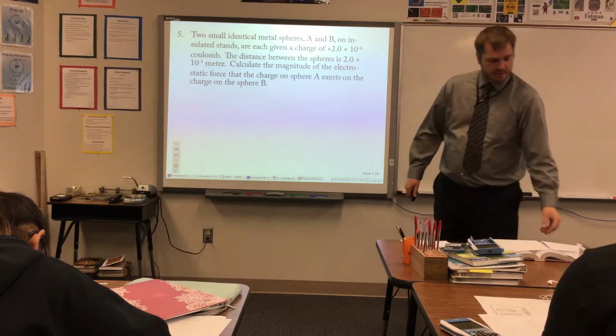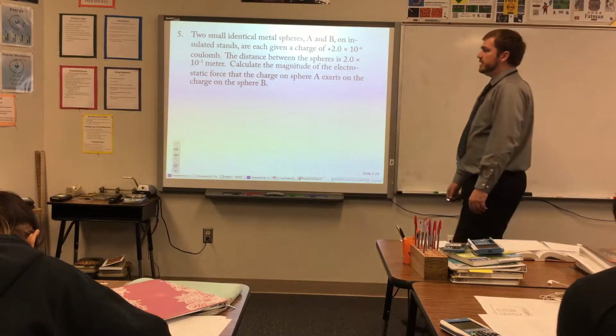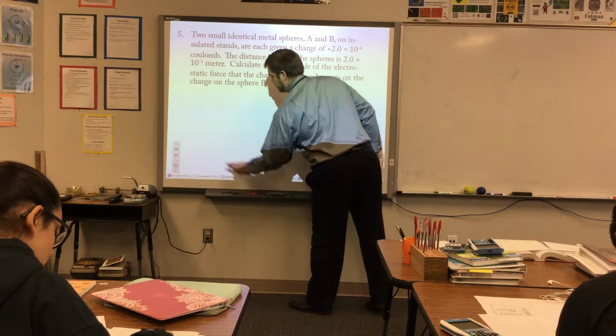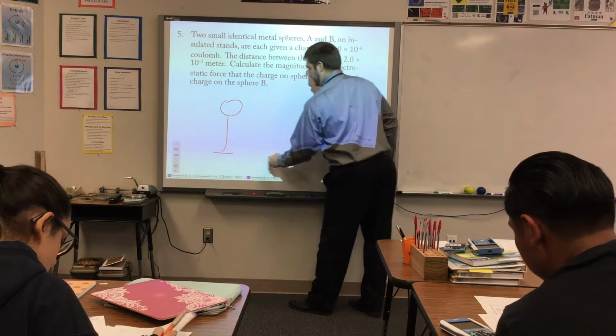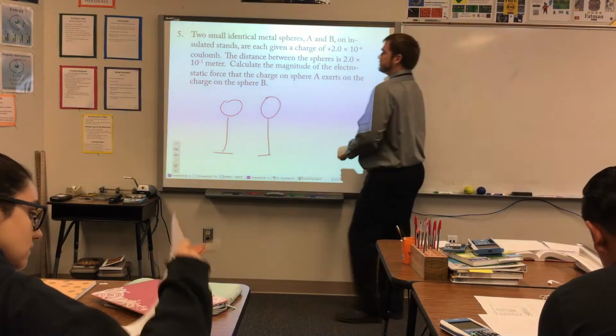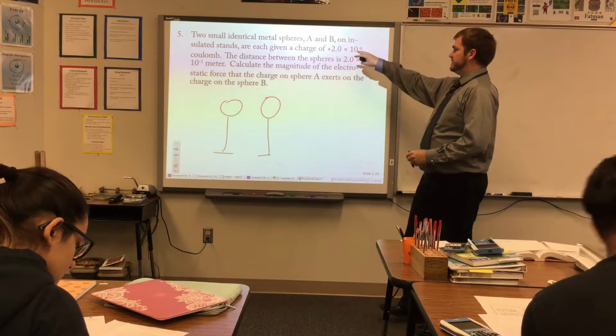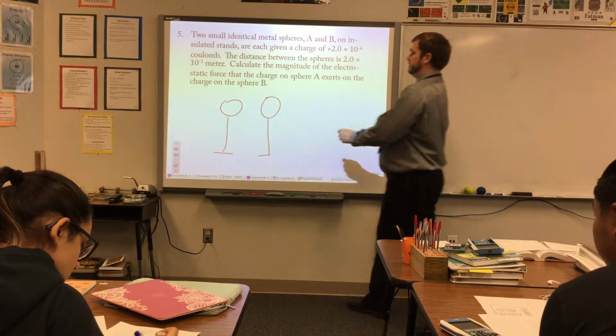All right. Is this the last question? Great. 2 small identical metal spheres, A and B, are on insulated stands. Are given a charge of 2 times 10 to the negative 6 coulombs each.